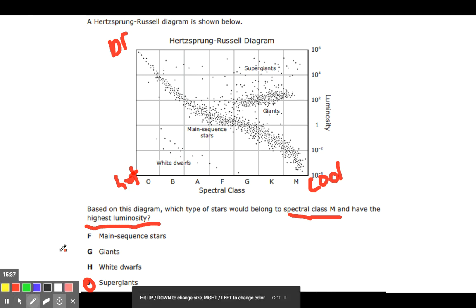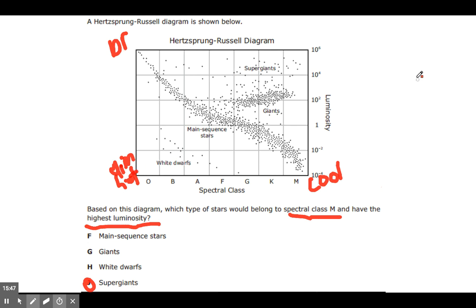And then you wrote dim down here, because any star that's at the bottom is dim. Any star that's at the top is very bright. Stars that are on the right are cool, and stars that are on the left side are very hot.